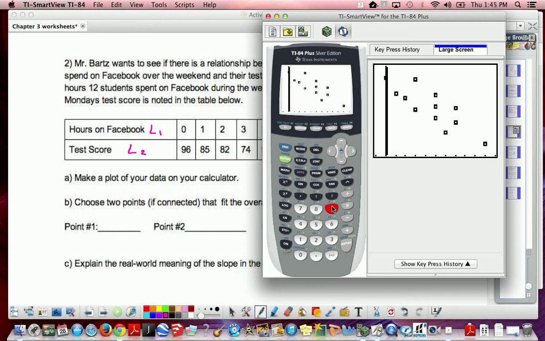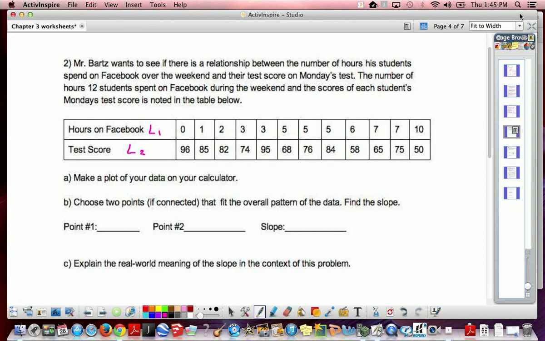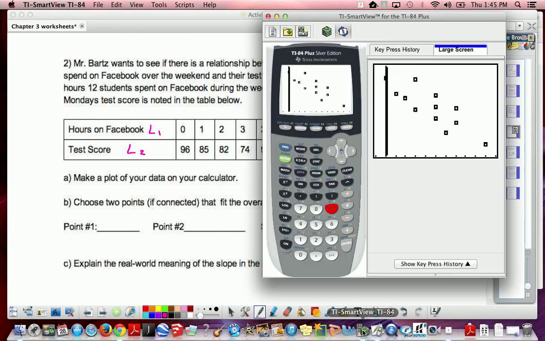So when I take a look at this particular one, my hope and goal, once I've made my plot, what I've done in part A, is part B asks you to choose 2 points, if connected, that would fit the overall pattern of the data, and then find the slope. So the question is, what 2 points are probably the best fit?